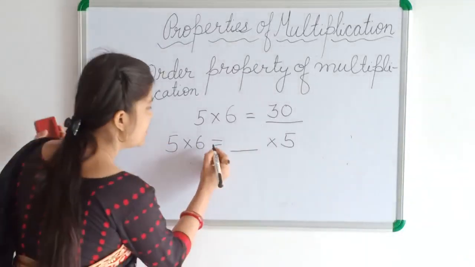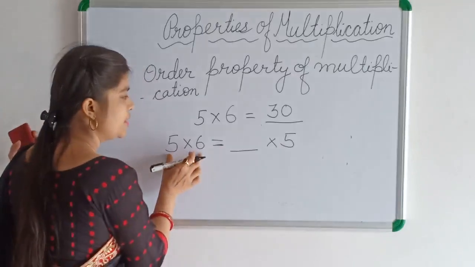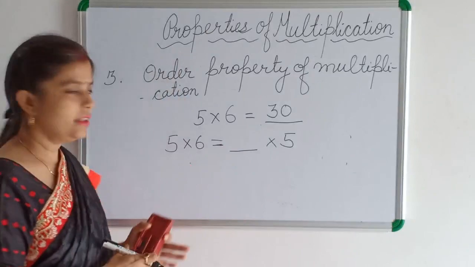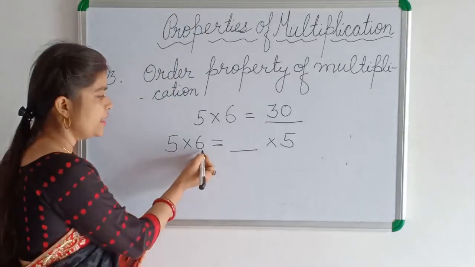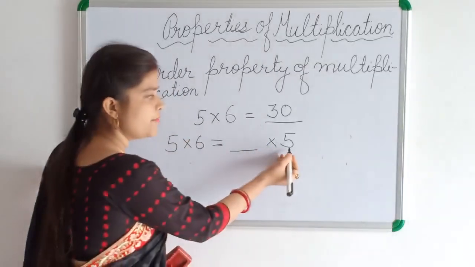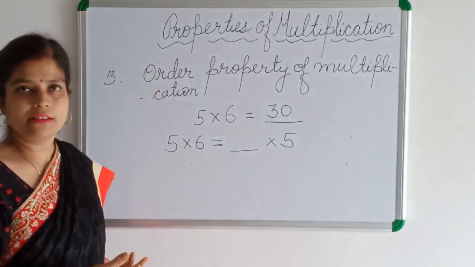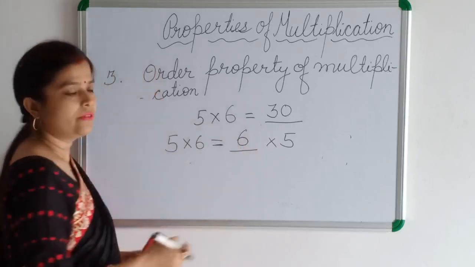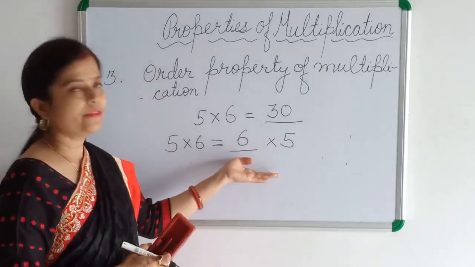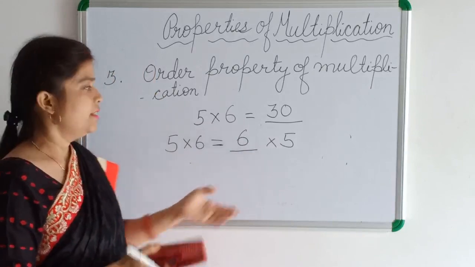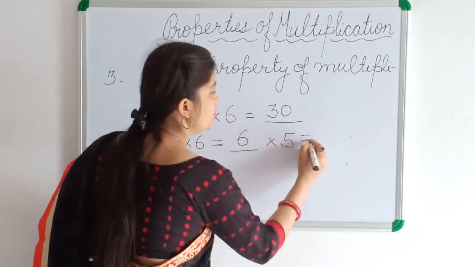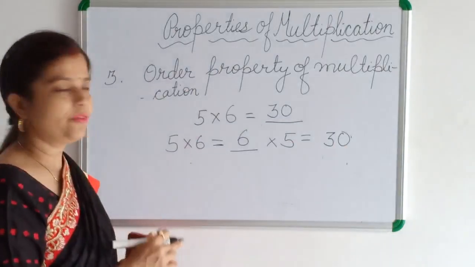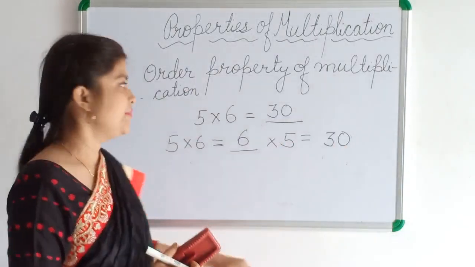Because here is the equal sign, that means the product of these two numbers and these two numbers should be the same. Here one number is 5 and one number is 6. Here one number is 5 and another number we have to write. So the other number will be 6 only. So it is 6 into 5. So here only the order of the numbers is changed, and the product will always be equal to 30. 5 into 6 is equal to 6 into 5 and that is equal to 30.